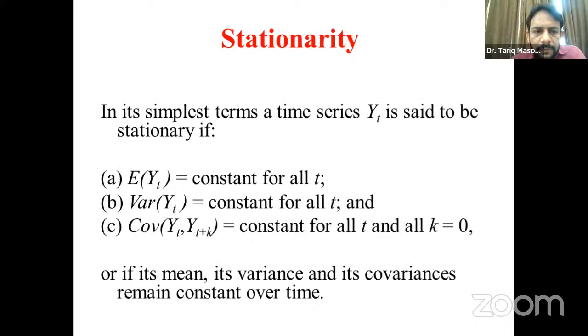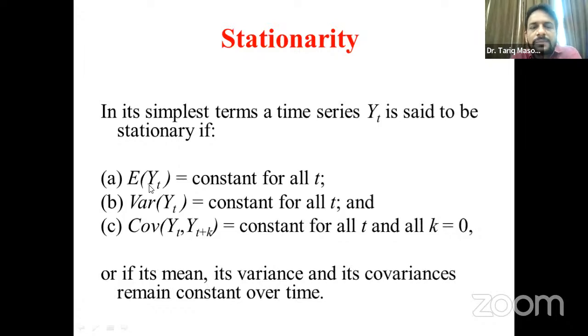Now in notational form, the first property is that the expected value of yt is constant. When we say expected value, it is the mean value. So the mean of that particular series is constant for all time periods. So variability is constant at different points of time. There is no change in the variability of data.